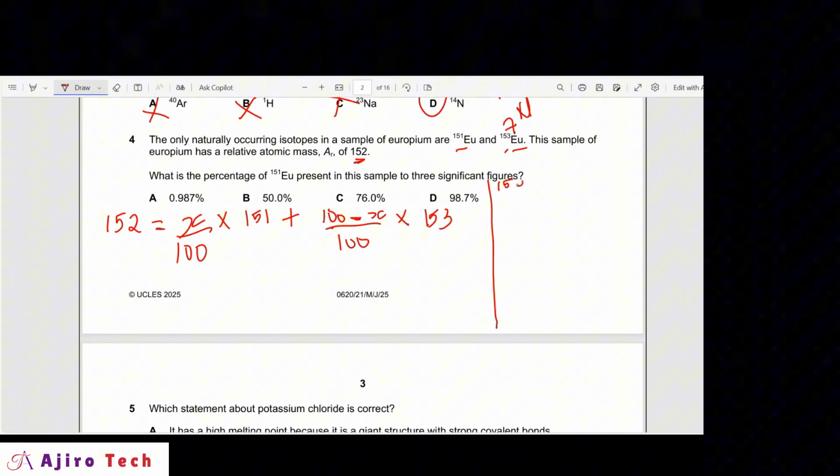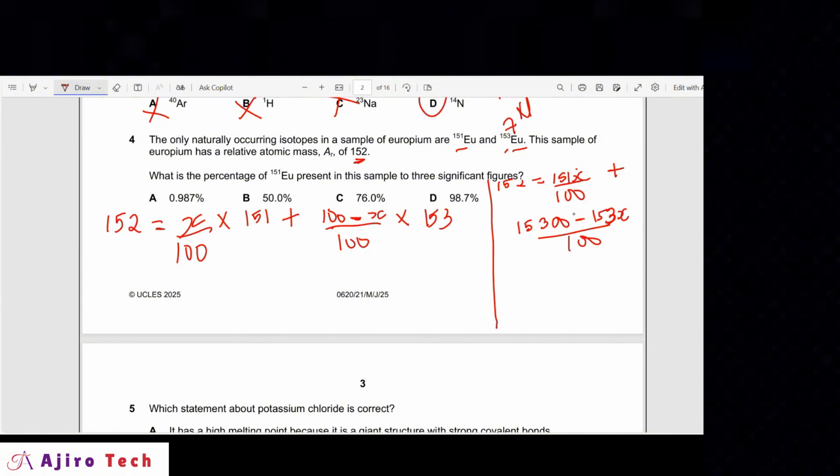So we could simply say that 152 is equivalent to 151x all over 100 plus, multiplying everything in here, 15300 minus 153x, everything over 100. Okay, so this is the second step.